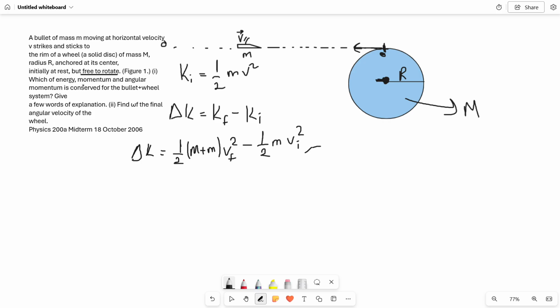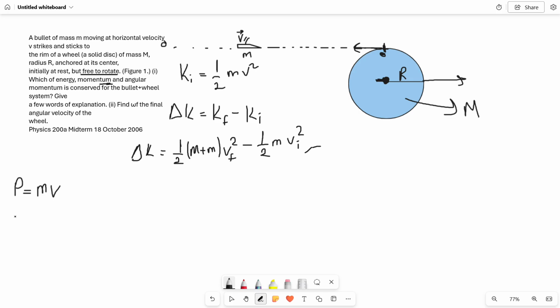Okay, the other quantity, momentum. This is a linear momentum, and we write this like that: equal m times v. We have momentum. Why? We can see there's an m, there's a v. But when the bullet hits the wheel, it won't go to the other side.